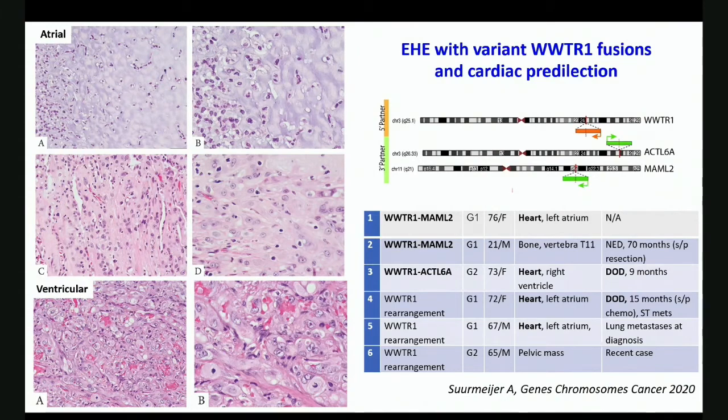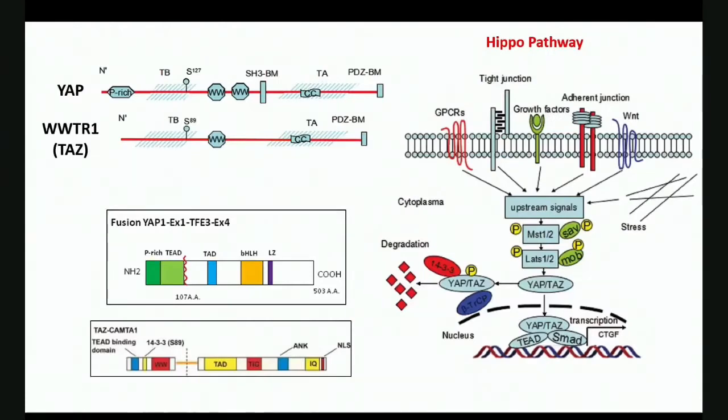Two patients in our series succumbed to disease within 15 months of diagnosis. From a mechanistic point of view, it is fascinating that both YAP1 and WWTR1 represent effectors of the Hippo pathway, which will be covered in detail by other speakers.